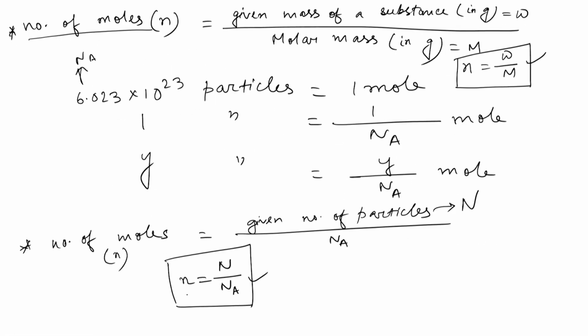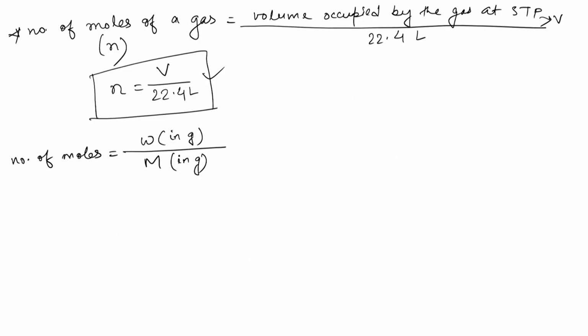This expression also says the number of moles. So, we can equate this as given number of particles divided by the Avogadro's number. We can also equate these formulas to this third formula, that is the volume of any gas in liters divided by 22.4 liters.